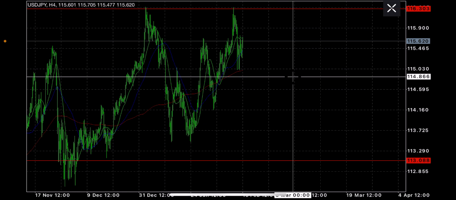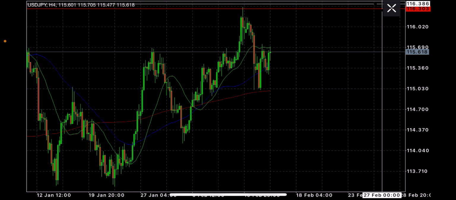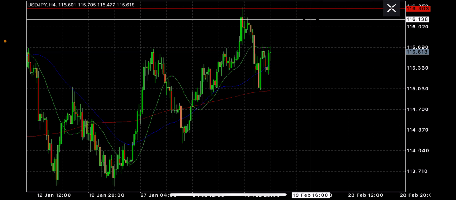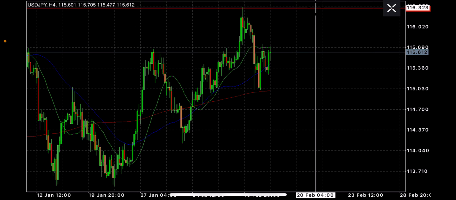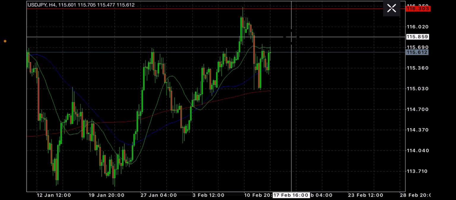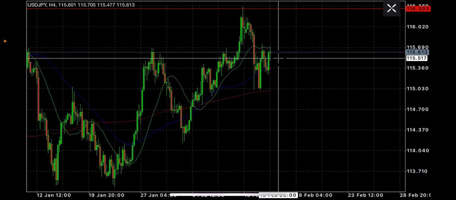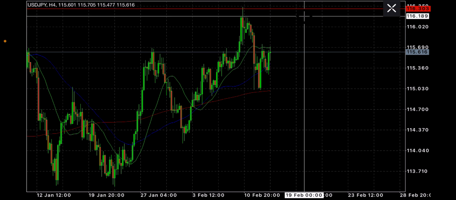Now, in order to get pushed past this extreme here of 116.300, like I said, the JPY would have to become weaker than the USD, or the USD would have to become stronger than the JPY. That will allow price to gain enough momentum to be pushed up.